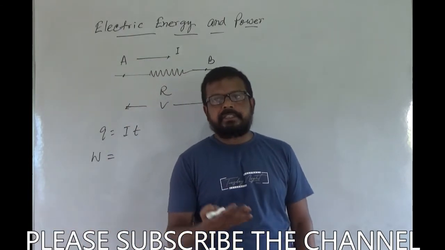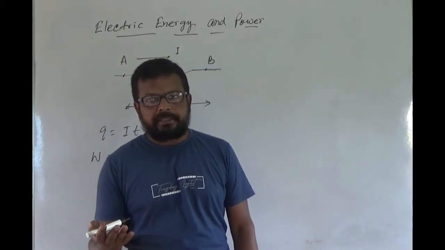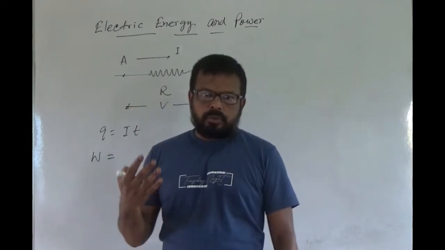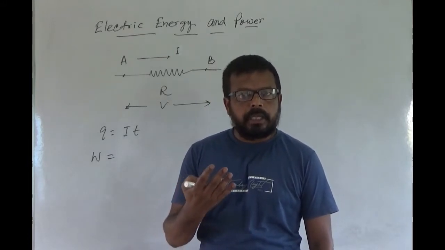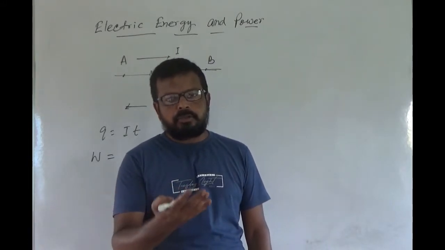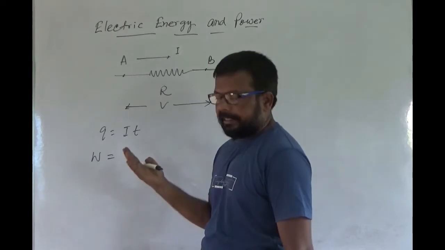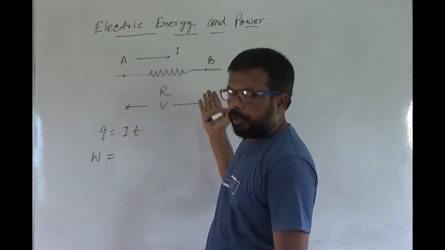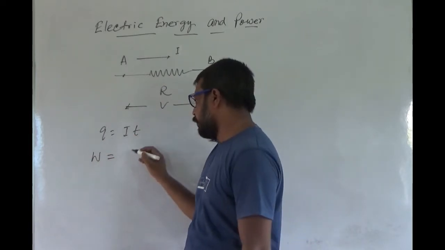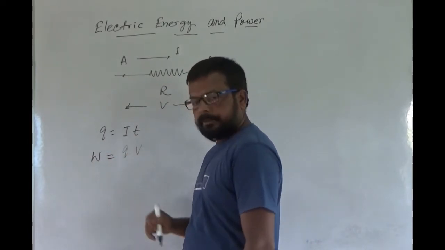If V is the potential difference between the 2 points, then we know that to carry unit charge from point A to point B, V amount of work is to be done. Here Q amount of charge is flowing from point A to point B, therefore the total work done will be equal to Q into V.